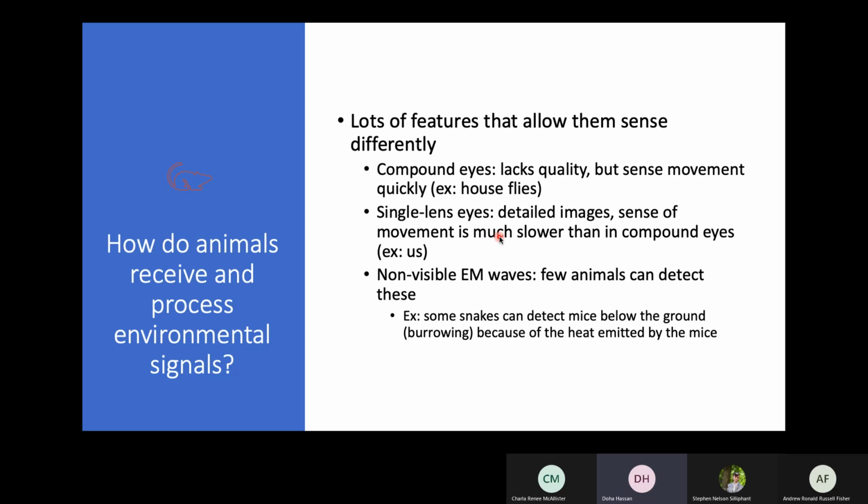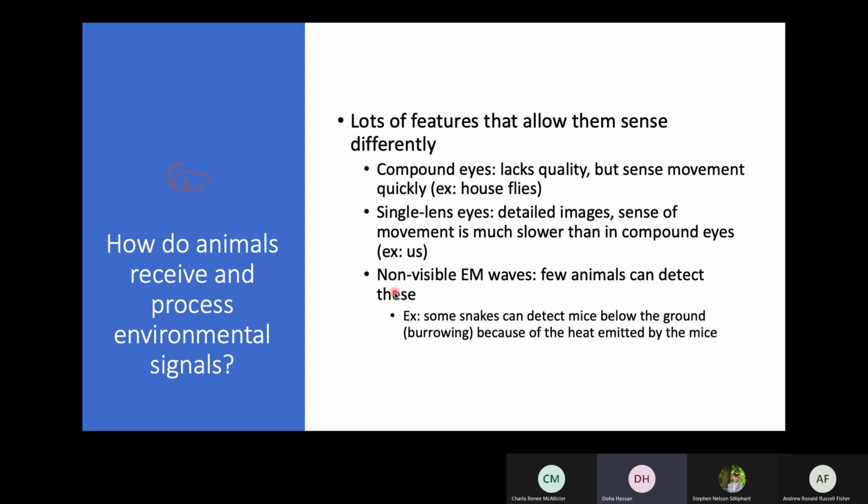We want to see things in good quality, and the sense of movement doesn't need to be as rapid as it would for a housefly. That's just genetically speaking more advantageous for us. We don't really require that really intense sense of movement because we can already kind of tell when something's coming at us or not. It's just a little bit slower than it would be for a housefly with these compound eyes. And that's fine because we don't really need that to as much of a degree.